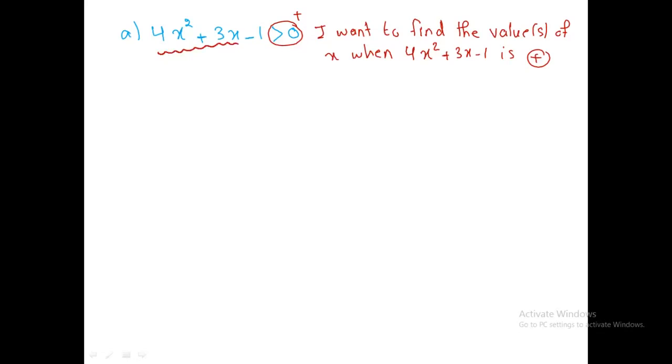Again, this may have three signs: positive, negative, or 0, according to the value of x.